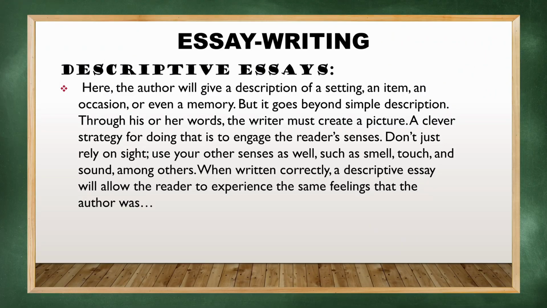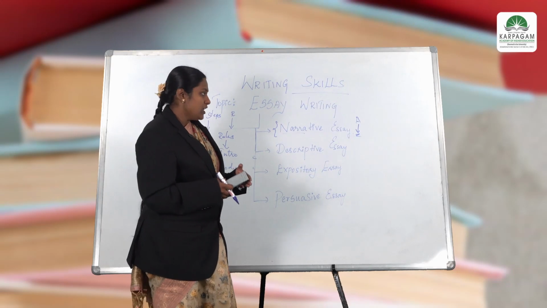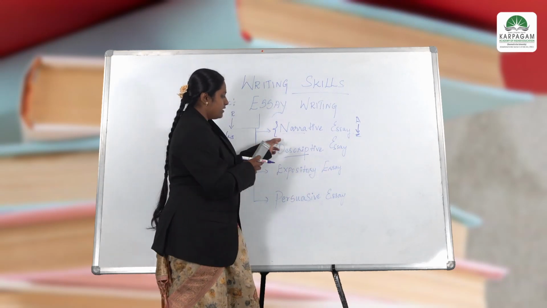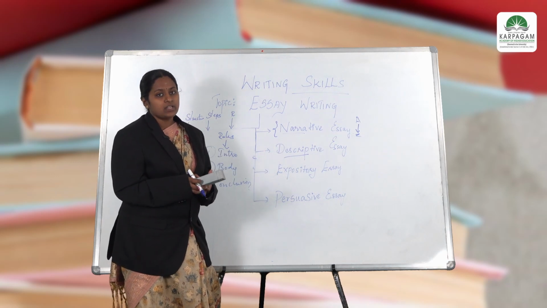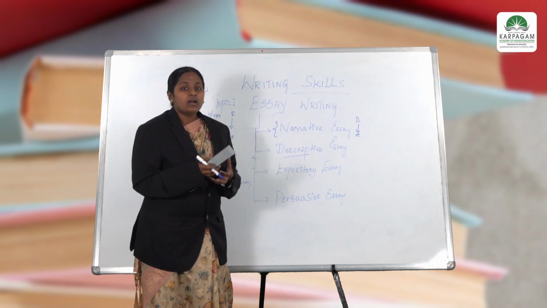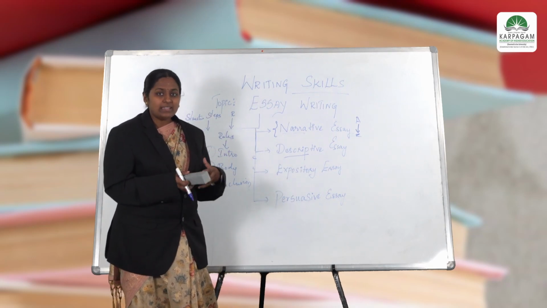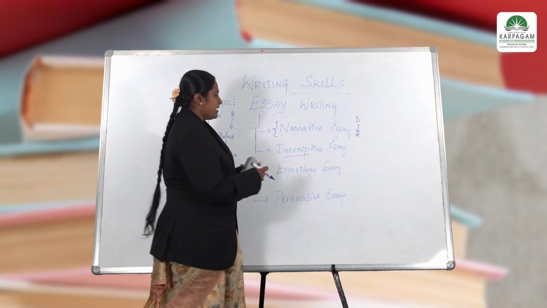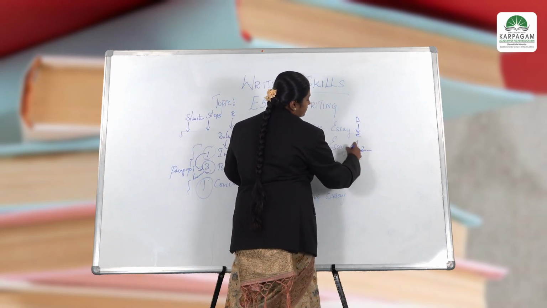And the next is the descriptive essay. I think you were all clear about the narrative essay, and the next is the descriptive essay. You can catch it from the word descriptive: describing a fact, an incident or an object, whatever it may be. So you can make it a creative essay.